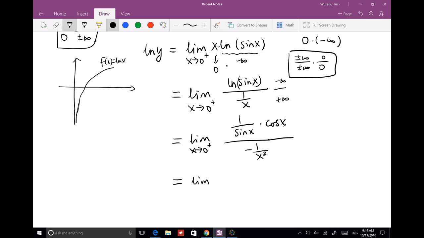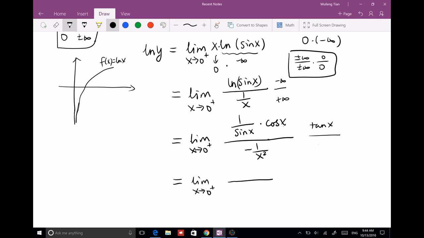Limit as x goes to 0 plus still. So what do we have here? We can flip. The top is tangent x. Tangent 0 is 0, so this is 0.